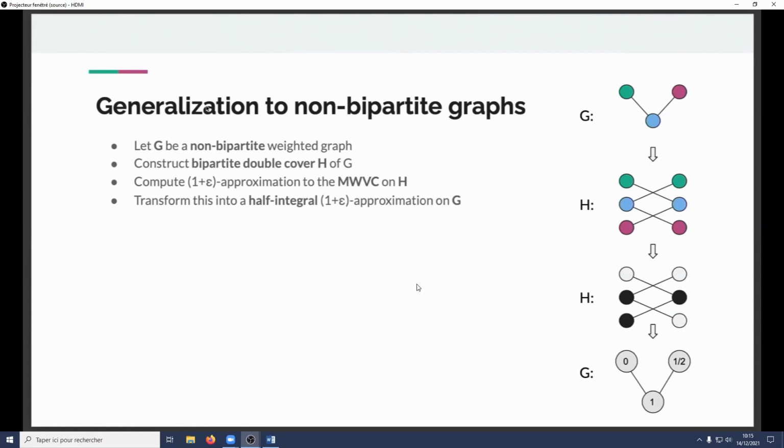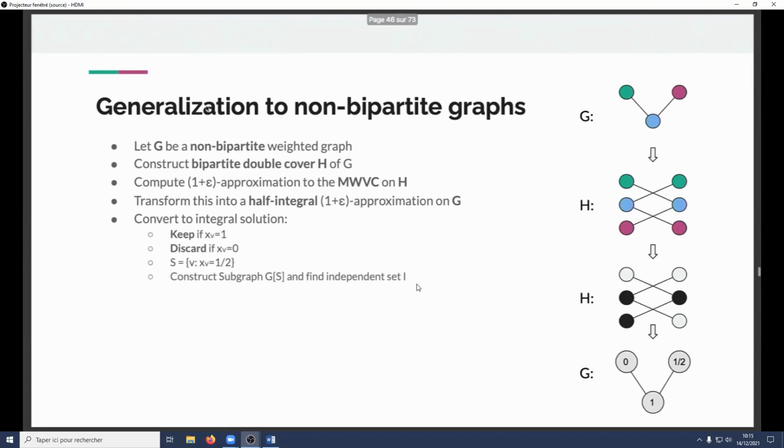So now we have a 1 plus epsilon approximate half integral solution on our original graph. Now we have to convert it to an integral solution. Therefore we simply keep all the nodes with value 1, we discard all the nodes with value 0, and for the nodes with value 1/2, we construct an induced subgraph of the set of nodes which have this value 1/2.